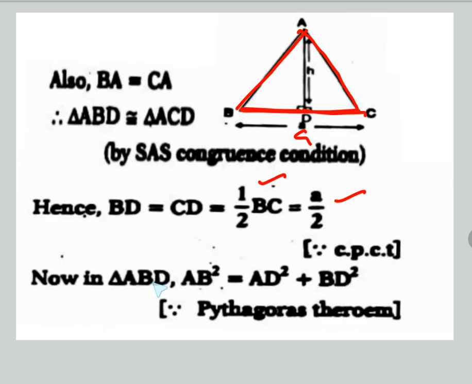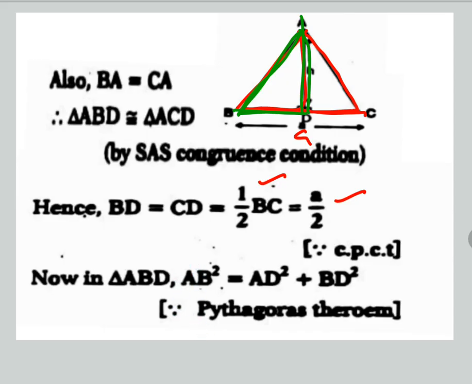Now triangle ABD, we know that it is a right angle triangle. In this right angle triangle, AB square is equal to the hypotenuse square, which is AD square plus BD square. What is AB? AB is small a.